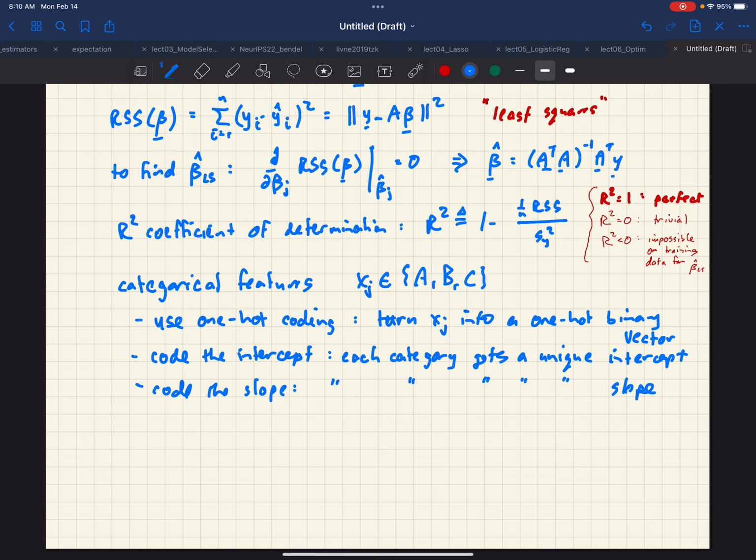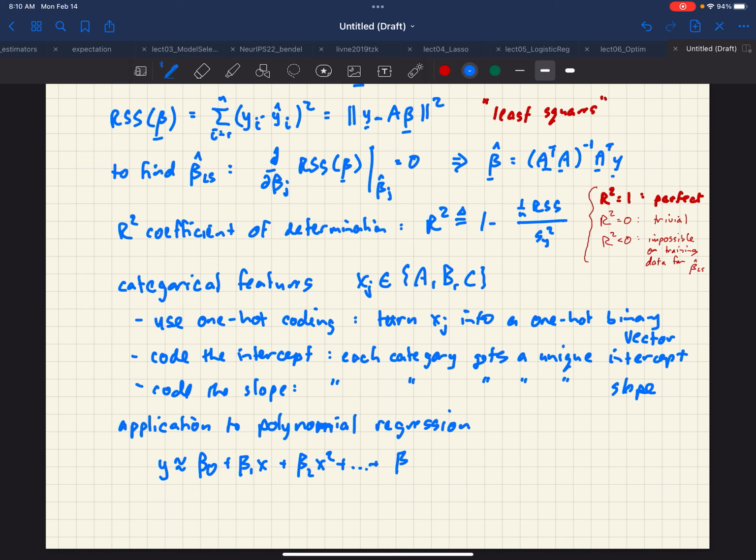And finally, we saw an application to polynomial regression, where we said that y is approximately equal to beta 0 plus beta 1 x plus beta 2 x squared, and so on, all the way to beta d x to the power d.